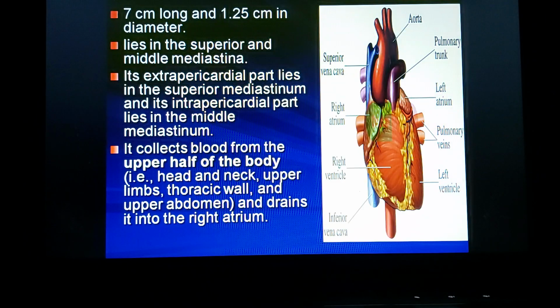This is the superior vena cava, 7 centimeters long, 1.25 centimeters in diameter. It lies in the superior and middle mediastinum. Its extrapericardial part is in the superior mediastinum, and the intrapericardial part in the middle mediastinum. It collects the blood from the upper half of the body and drains into the right atrium.